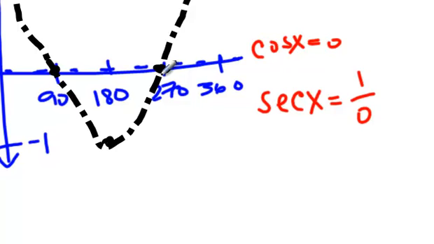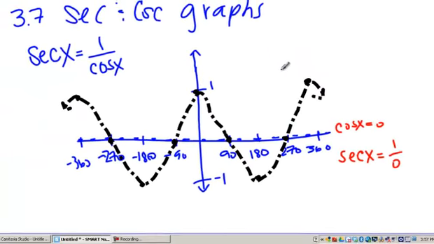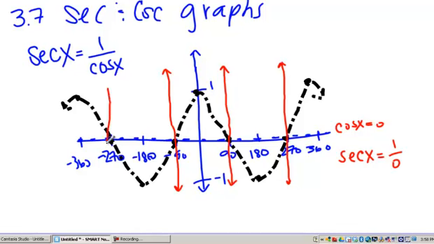So whenever your graph of cosine crosses your sinusoidal axis, there's going to be an asymptote. Okay, so there's more asymptotes than the tangent and cotangent. However, it is much easier to graph secant and cosecant, even though it probably doesn't look like it to you right now. And imagine these lines that were straight. Okay, so we just created all of our asymptotes.